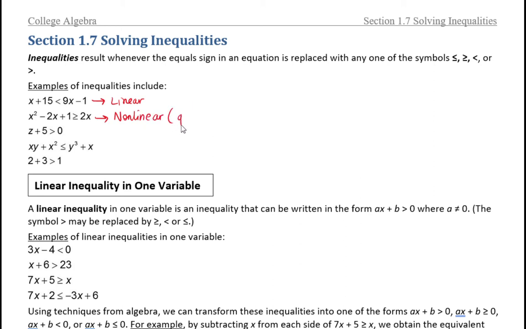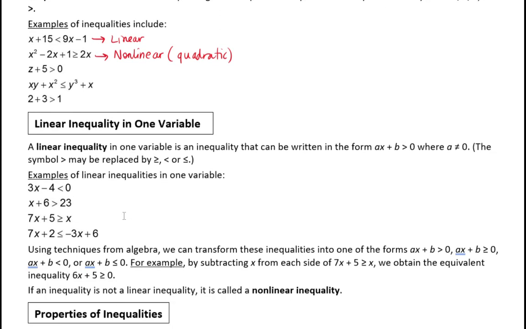Actually, you can just say that's quadratic. So a linear inequality has x with power 1, constants as coefficients, and constants added or subtracted.